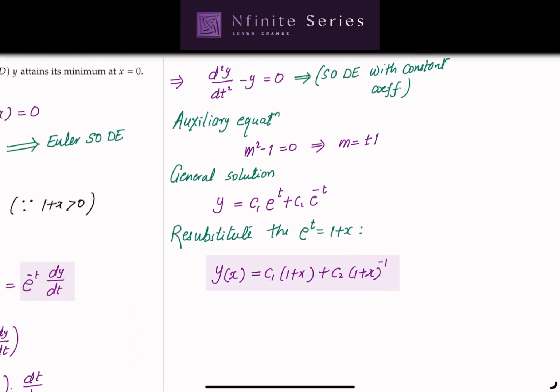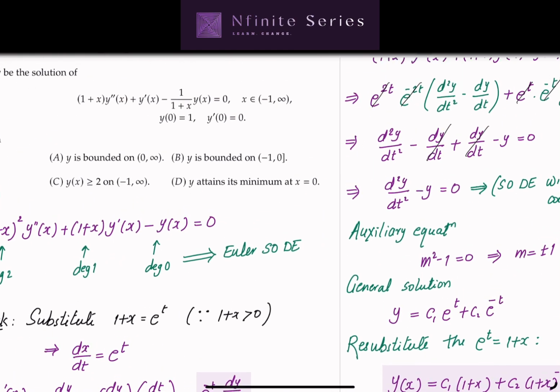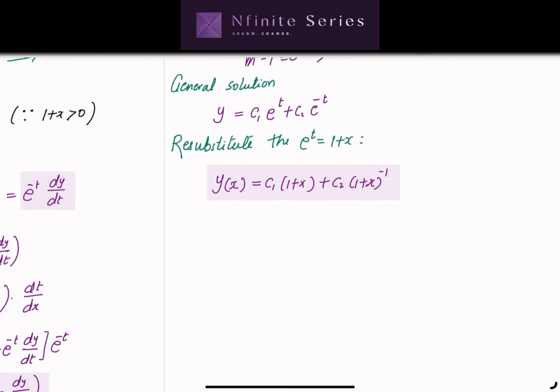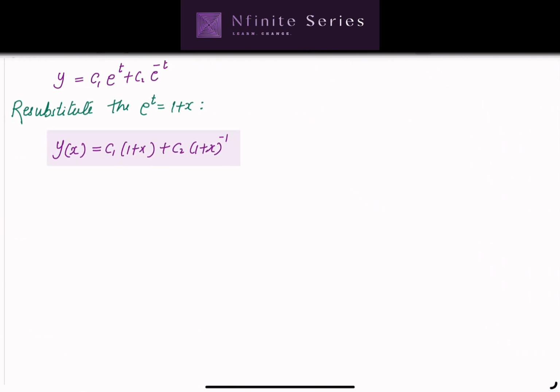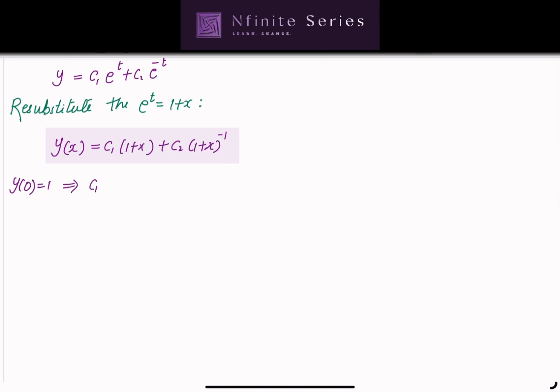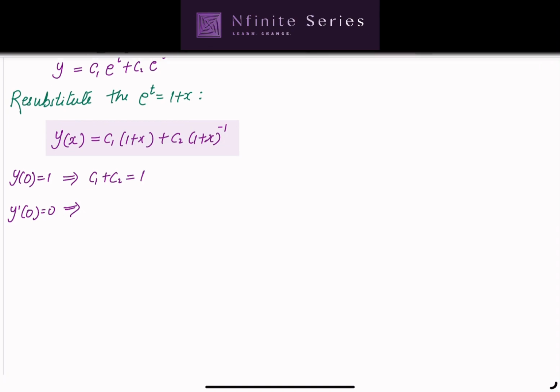Now, very good. Now let us apply the initial conditions so that we can find the values of c1 and c2. Y at 0 is 1 and y prime at 0 is 0. So let us substitute that here. We have y at 0 equals 1, which implies c1 times 1 plus c2 times 1 is equal to 1. And similarly, y prime 0 is equal to 0, which implies you first differentiate and then substitute x as 0.